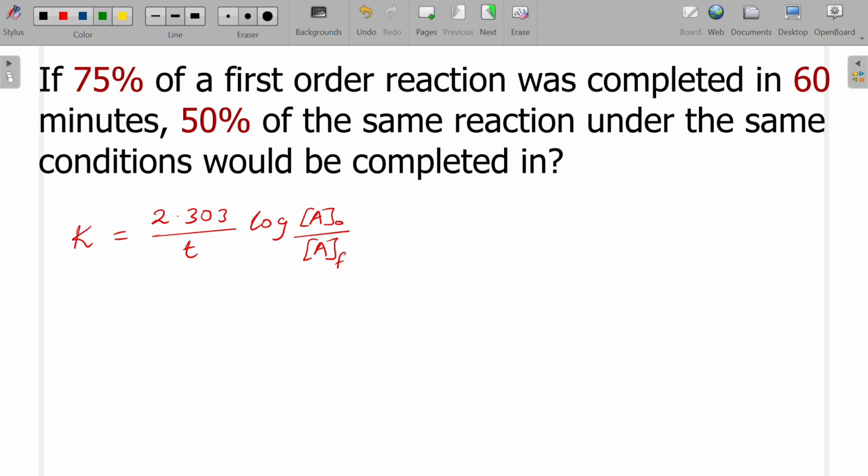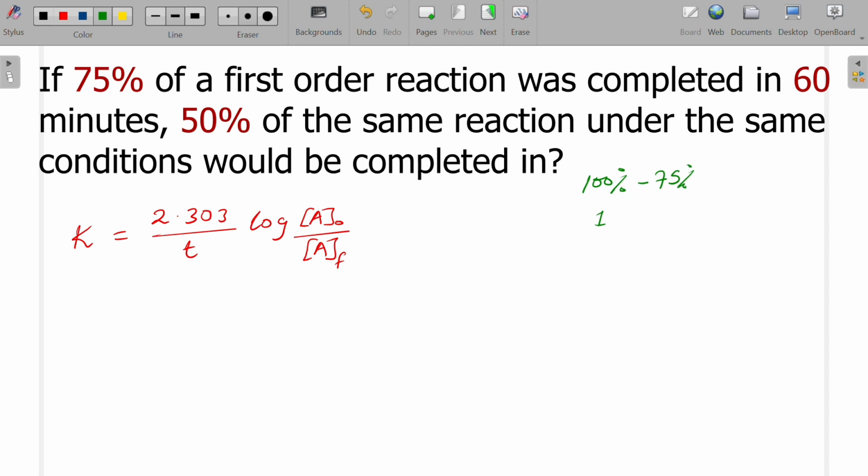The initial amount is always 100%, which is basically 1 in standard form. And then we are told we have used 75%. So out of the 100%, 75 will be used, so we need to look for the amount that will remain.